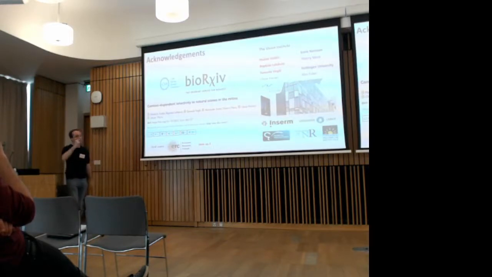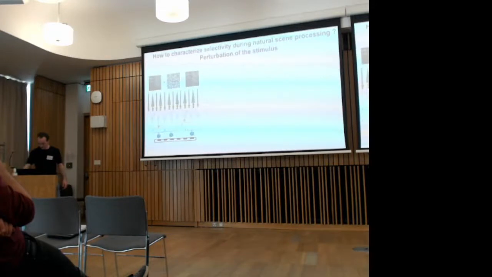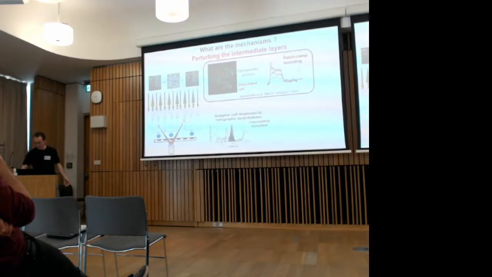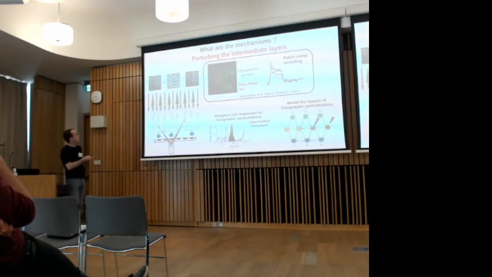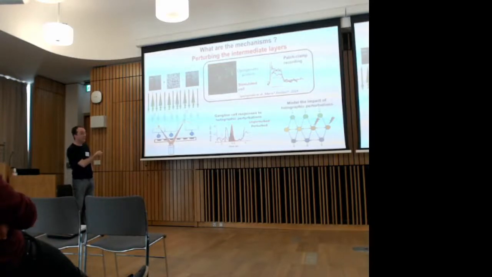And in terms of mechanisms, sorry, it's too exciting, so I have to show it. We have a set of tools which I really like, where we're starting to do perturbation at the level of the circuit. We can genetically express optogenetic proteins in specific cell types inside the retina, in the middle layers, which are really hard to access.